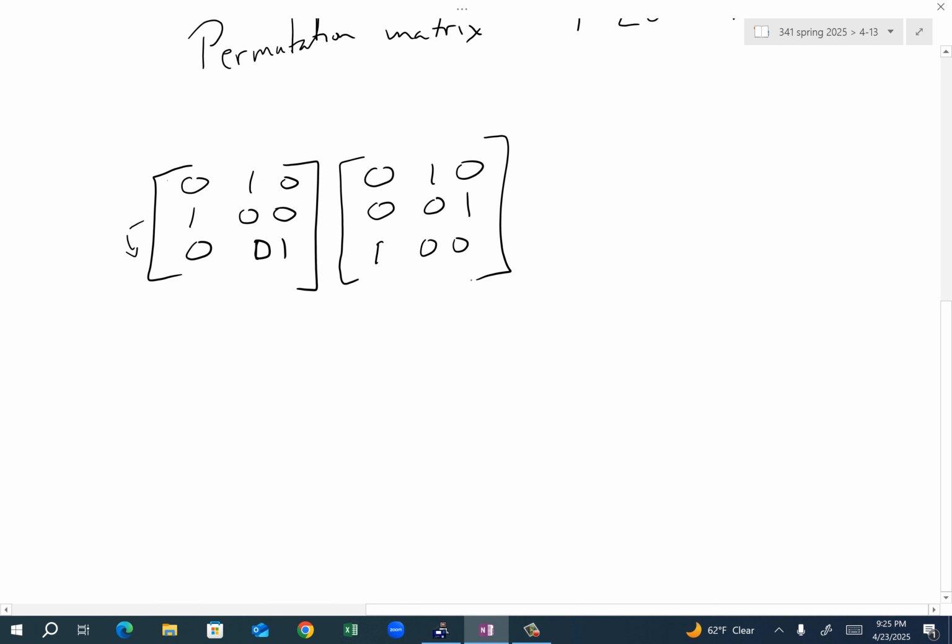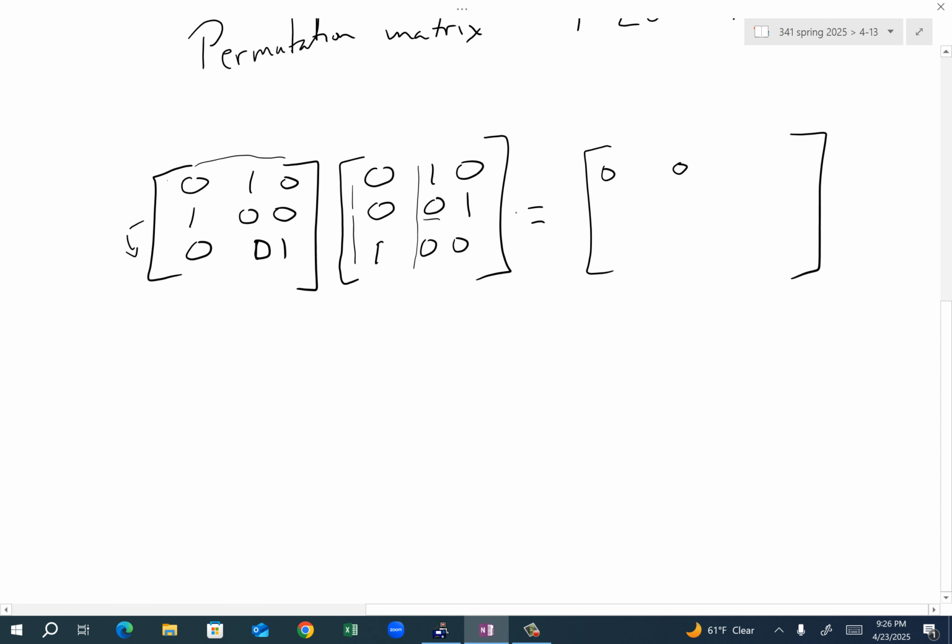You're like, well, what's that going to do to us? Let's see what happens. It's pretty straightforward. So first row, first column, what are you going to get? 0. First row, second column: you're taking 0, 1, 0. The 1 is multiplied by this middle row, and every time it's going away on this one, 0.